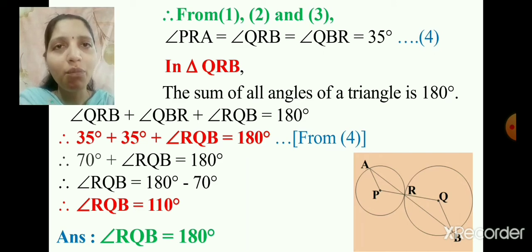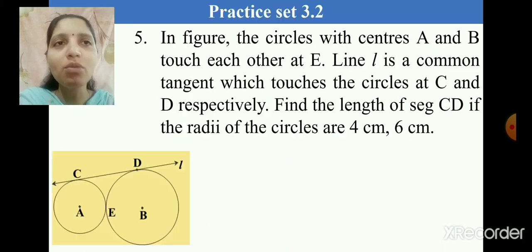So we have solved all the 3 sub questions from question number 4. Now let's move on to the 5th question from practice set 3.2. Here the circles with centers A and B touch each other at point E. Line L is a common tangent which touches the circles at C and D respectively.